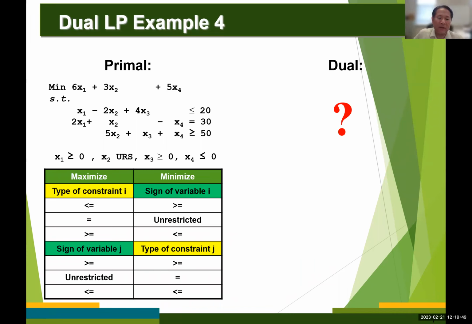Okay, so the given LP is a 3 by 4 system, right? So it has 3 constraints and 4 variables. So it's 3 by 4, which means the dual must be a 4 by 3 system. Okay, so if we use y as the dual variables, then our dual LP is going to be a maximization problem.